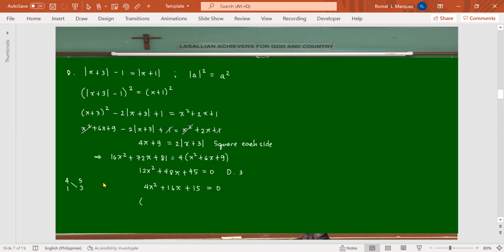Let's check. 12, 5. Will I get 16 here? No. Not possible, no? If here is 3, this is 5. Will I get 23? No. So what about 2, 2, and then 5, 3?